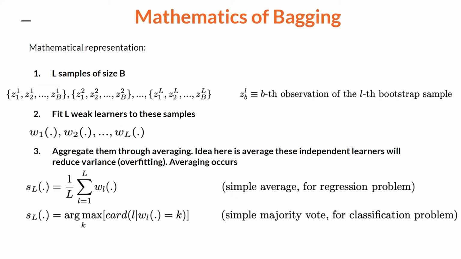So let's say your model has 5 outputs that say it's a pear and 2 outputs that say it's an apple. The classification is then going to be pear because it's 5 to 2.